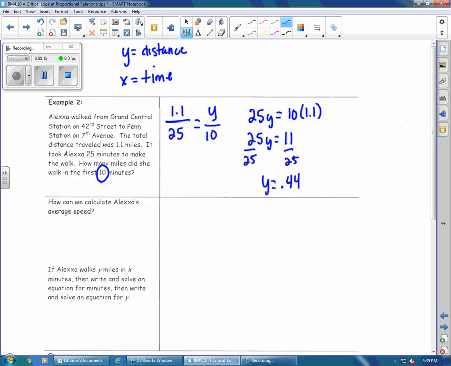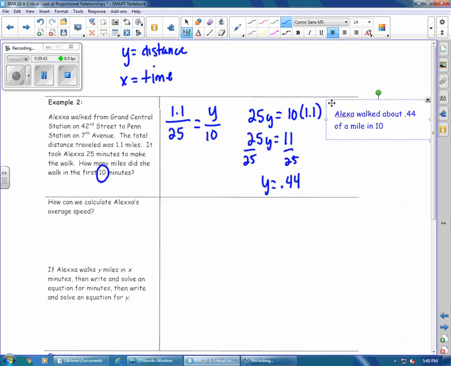So it's about 4/10 of 1 mile in 10 minutes. So I can answer the question. Alexa walked about 44 hundredths of a mile in 10 minutes.